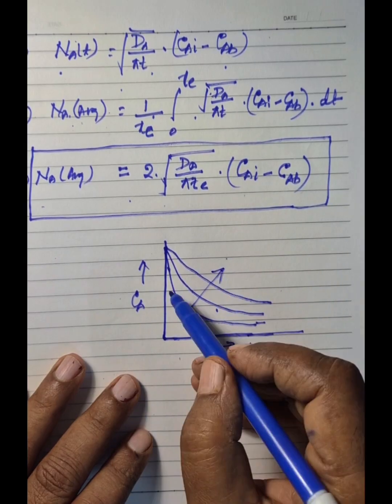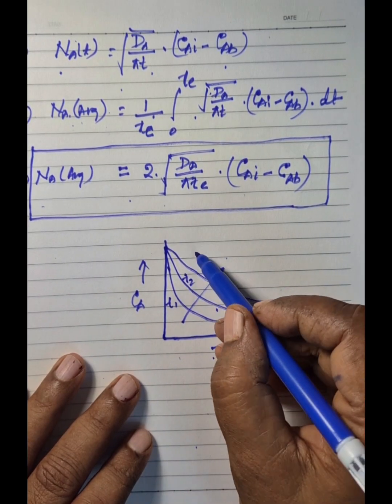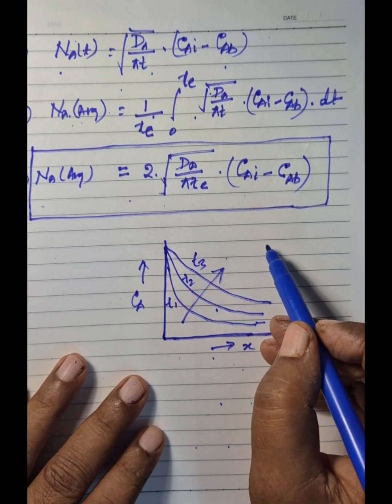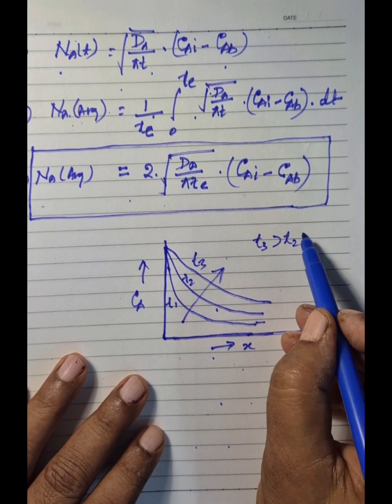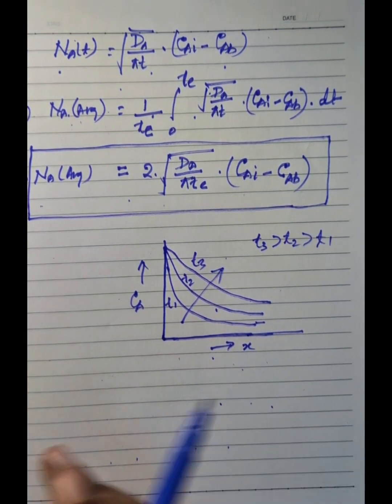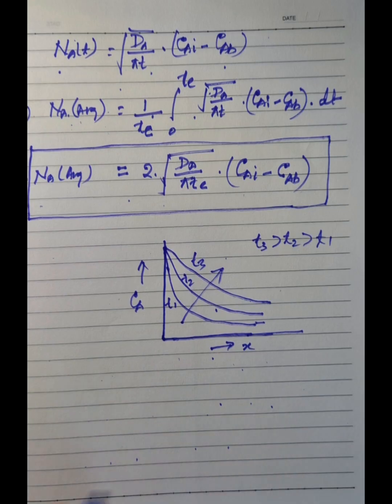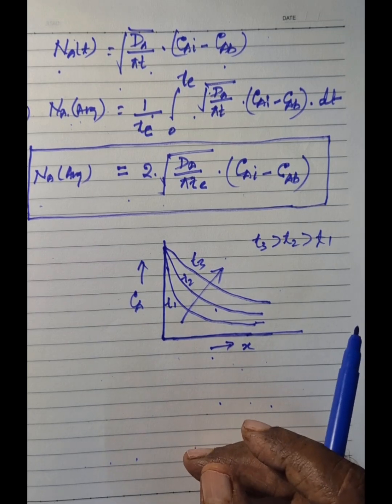You can say this is T1, this is T2 and this is T3, where T3 is greater than T2 greater than T1. And one thing to be noted is that the hydrodynamic condition considered in Higbie's penetration theory is plug flow, or analogous to plug flow condition.